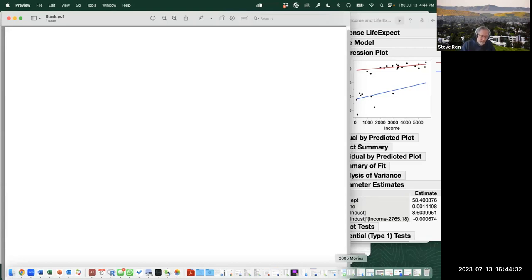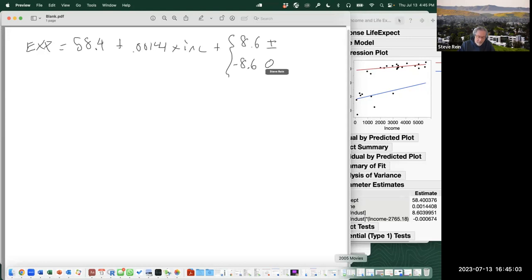That model is expectancy, EXP, equals 58.4 plus 0.00144 times income, plus either an 8.6 if industrialized, or minus 8.6 if OPEC, O for OPEC.